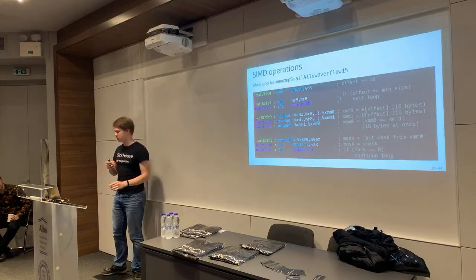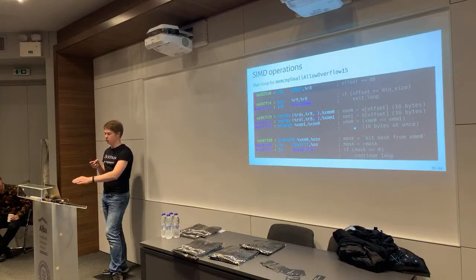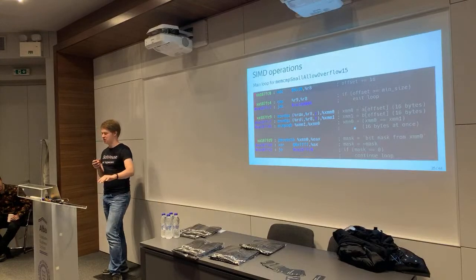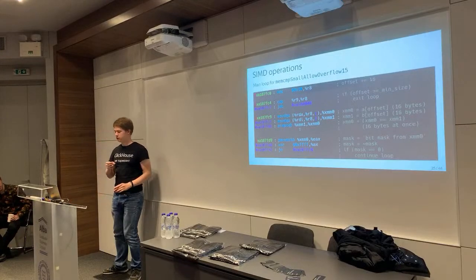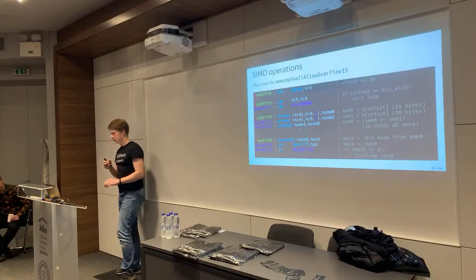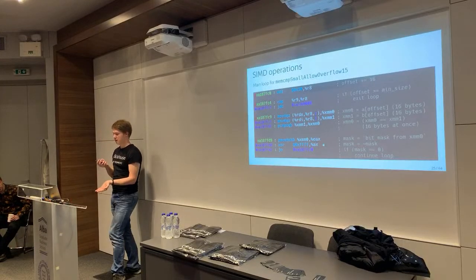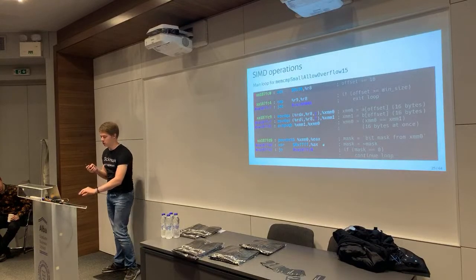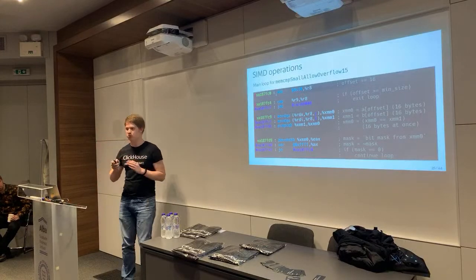That's clear. Then we do what I said, we load our data into registers XMM0 and XMM1. We compare 16 bytes in this instruction, and we move our bytes into a special bit mask. Then we invert it, and if it is 0, then we continue our loop and go to the first row. So our loop is pretty well optimized.